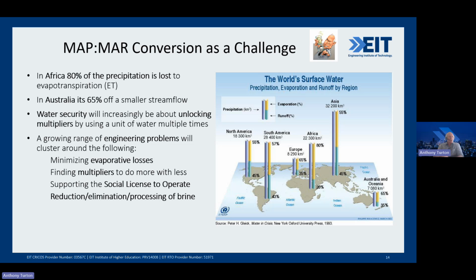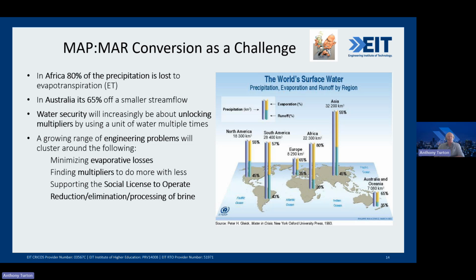How do we measure that? How do we build systems, engineered systems, IT systems, technological systems, in a way that can measure and monitor the efficiencies and the multipliers that can come out of the elimination or the reduction of evaporative losses? And I think this is an important thing.